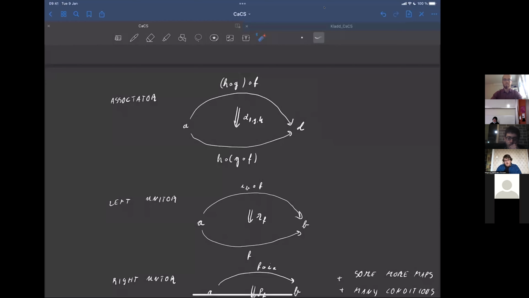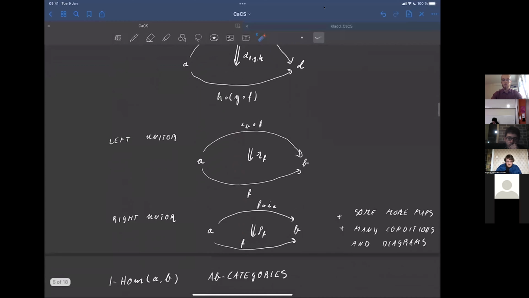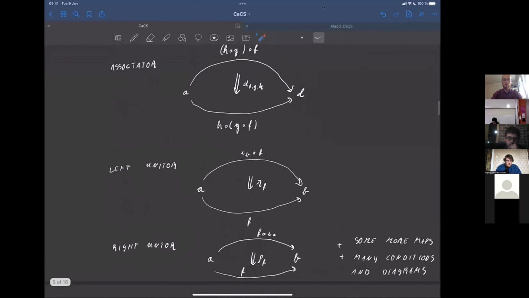We have a notion of left unitor. So this is false, but we have an invertible map that associates the identity composed with an arrow to the arrow itself, and a similar thing on the right. And there are also some more relations and many more conditions and diagrams.